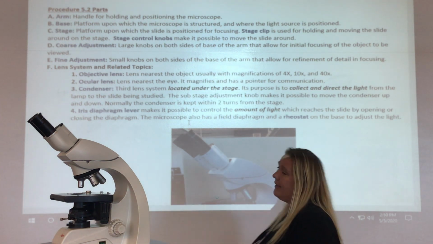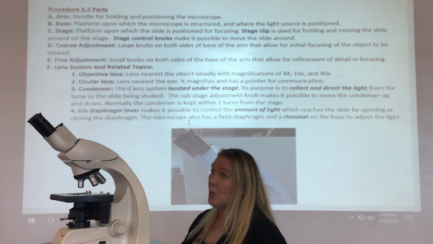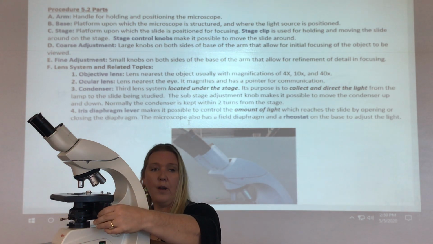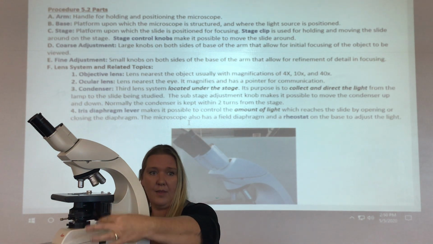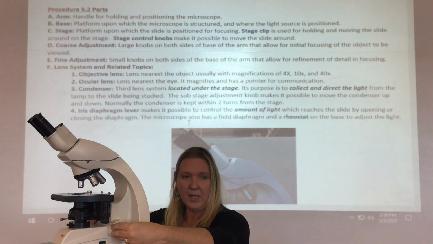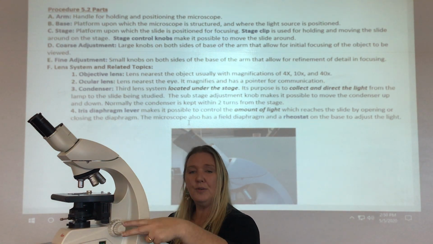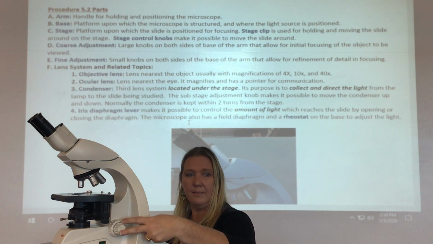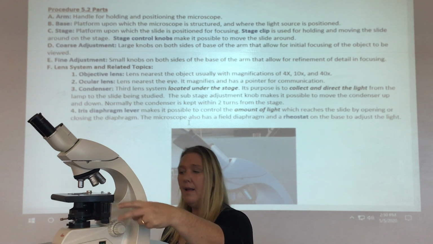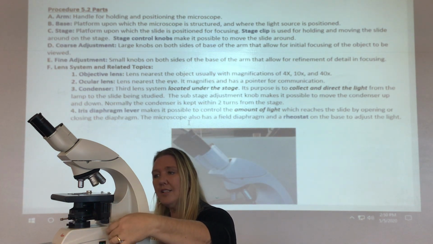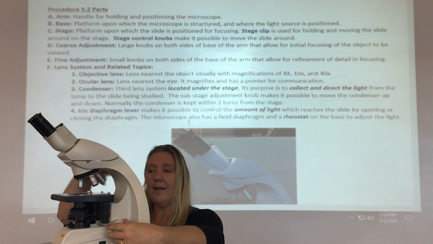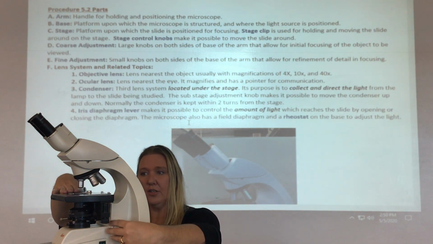The next thing you want to do is focus. So you have your specimen on here, and you've moved it where you want it with these adjustments. Now I want to focus. There are two knobs here, a larger one and a smaller one. The large one is the coarse adjustment, and when I turn this, I want you to watch the stage.